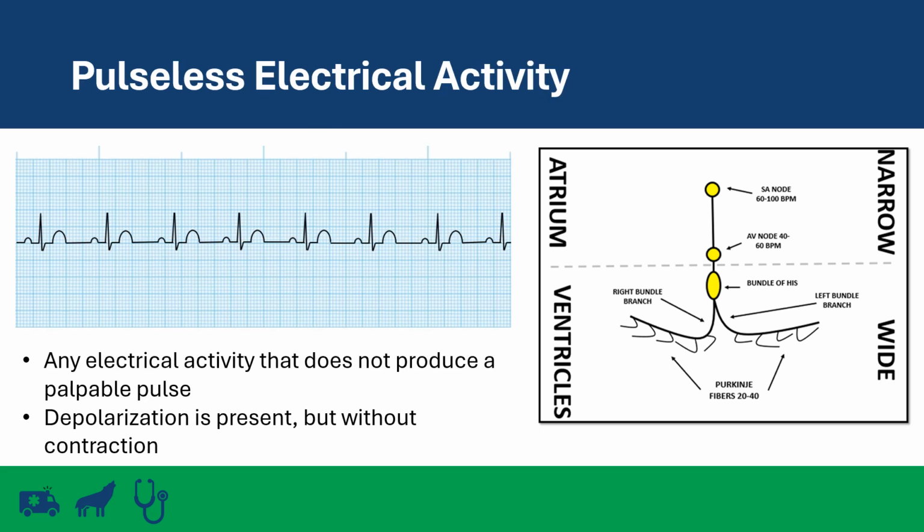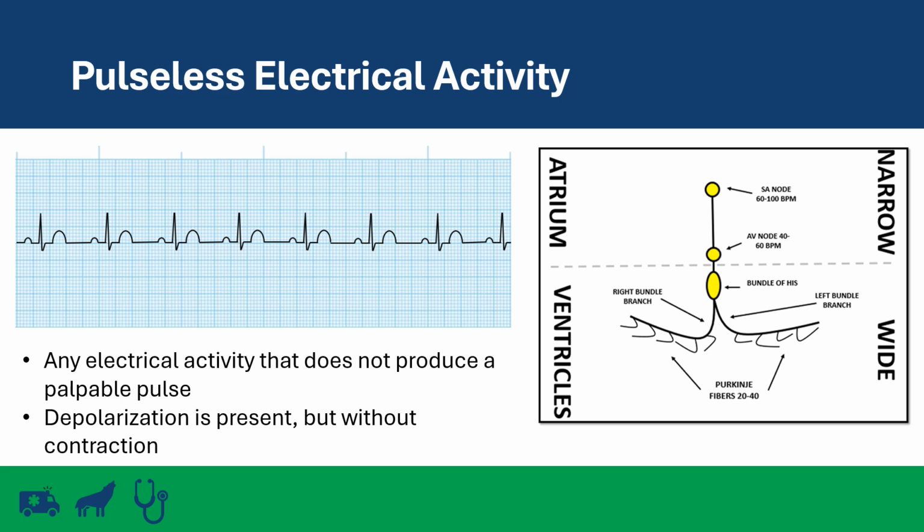The next rhythm is PEA. So pulseless electrical activity is any electrical activity that doesn't produce a palpable pulse. So this can present with any type of rhythm. This can present as AFib. It can present as a type of block. So this is any organized electrical activity.